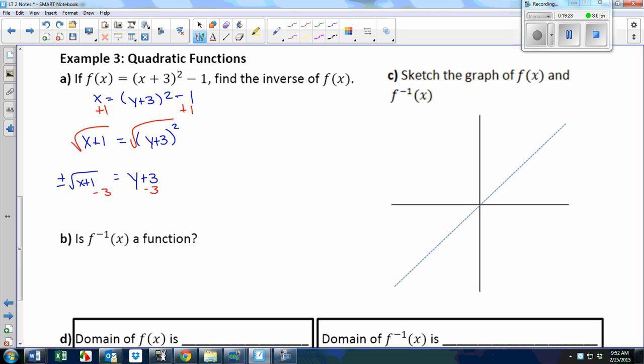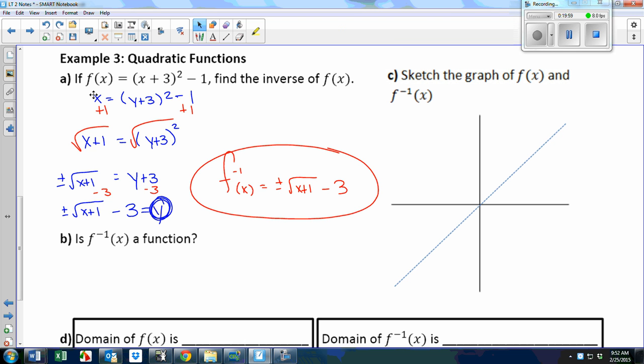So when you write it, the square root of x plus 1, minus 3, the minus 3 is after the square root. And that y is your inverse. It's not necessarily a function until you decide if it is a function.